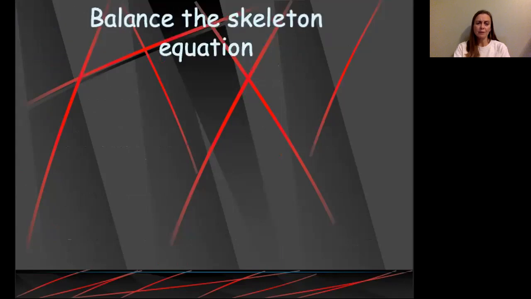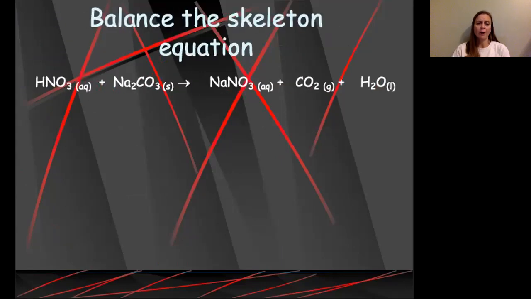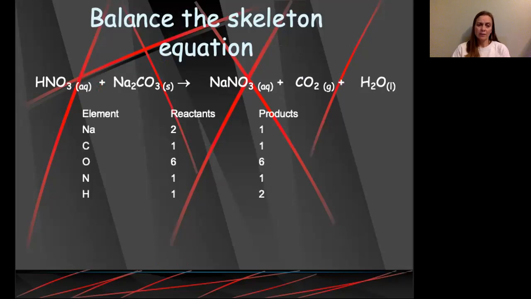So if we go back to our example equation here, we have nitric acid and sodium carbonate reacting to form sodium nitrate, carbon dioxide gas, and liquid water. So I'm just going to do a quick table here, and I'm going to count up each of my elements. Over here, I have 2 sodiums on the reactant side. I have 1 carbon on the reactant side.